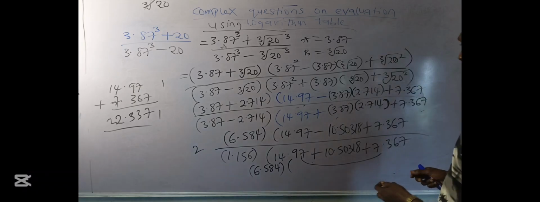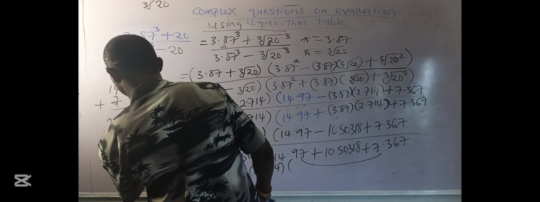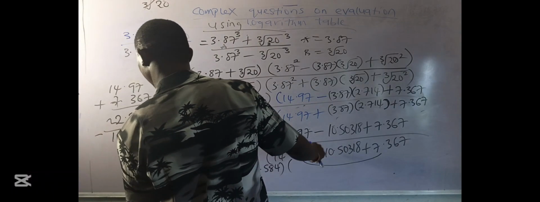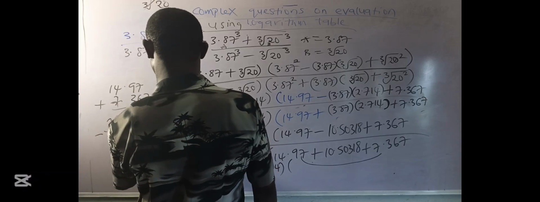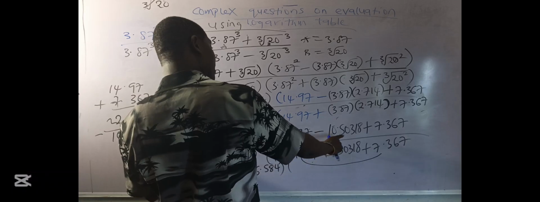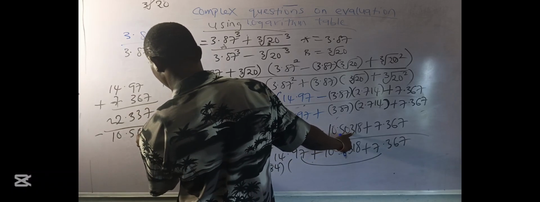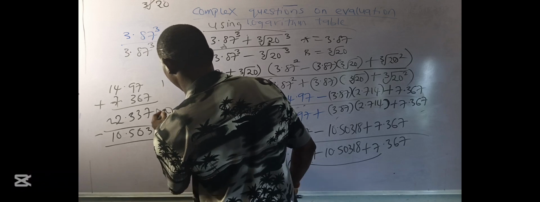So this and this is 22.337. So I'll subtract 10.50318. This is 0, 0. This becomes 10.